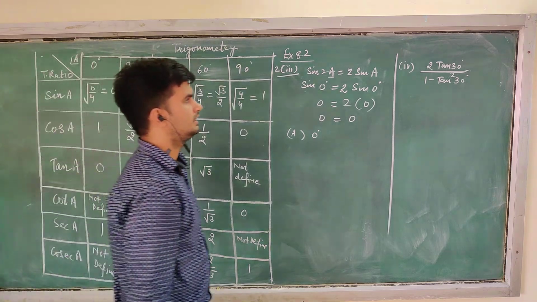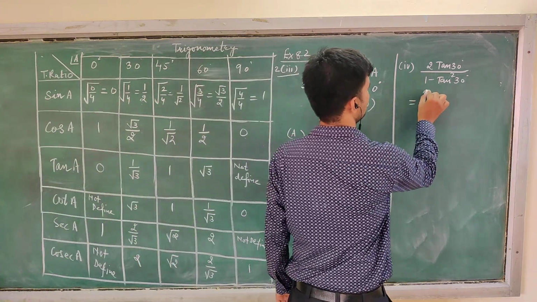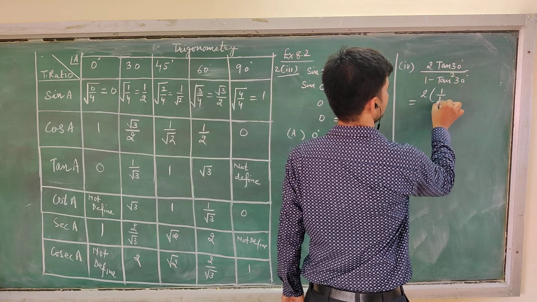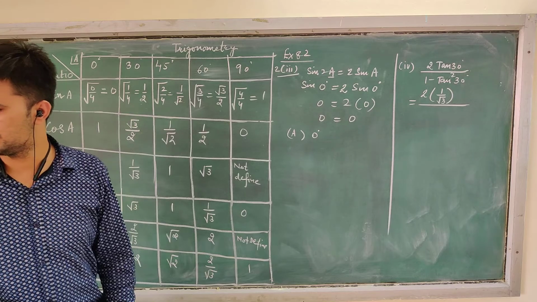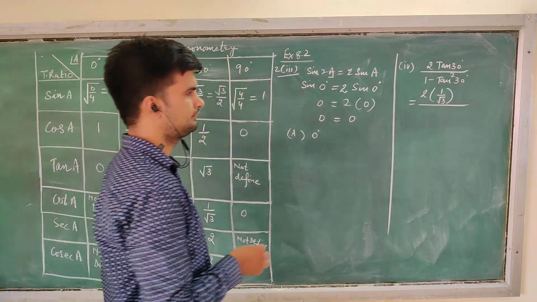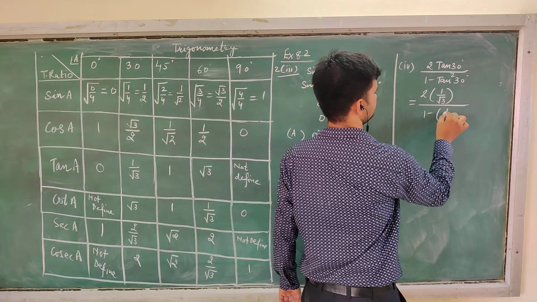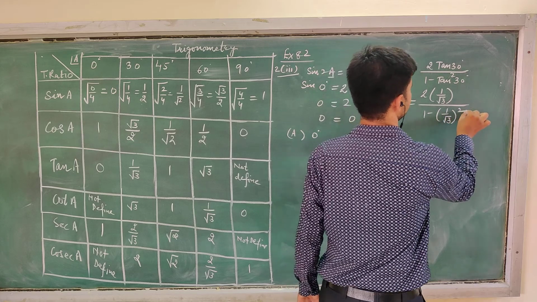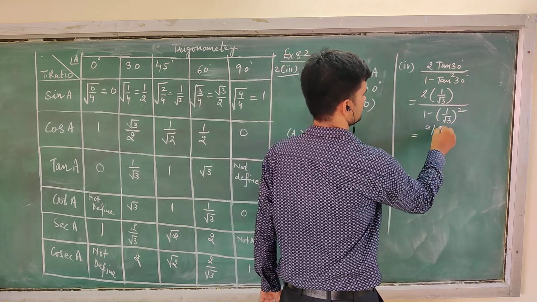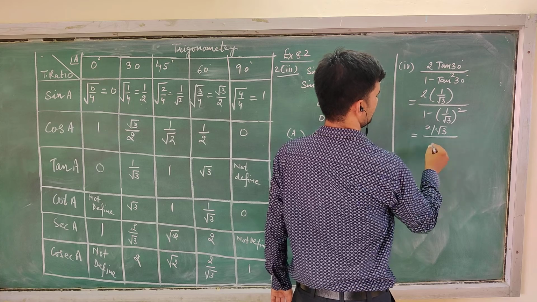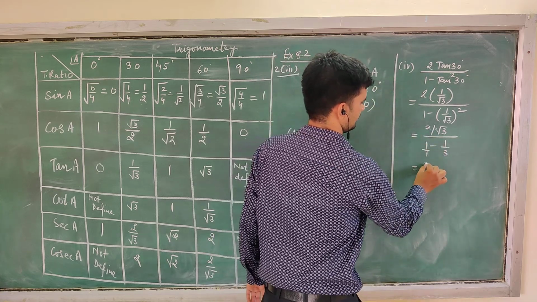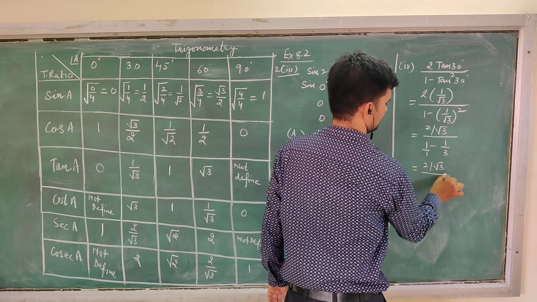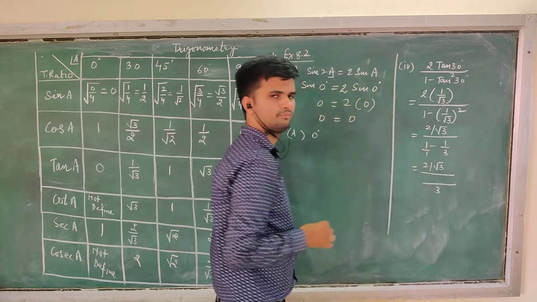Right? Then come to the fourth part. 2 tan 30, 1 by root 3, upon 1 minus tan square 30. So it is 2 by root 3 upon 1 minus 1 by 3. Take LCM here.